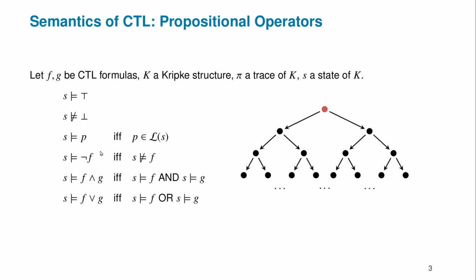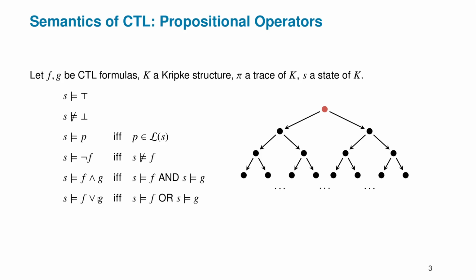And then for propositional logical connectives, the semantics is as usual. A formula not F holds in state S if and only if F does not hold in S. Then F and G holds in S if and only if F holds in S and G holds in S. So both of them have to hold.